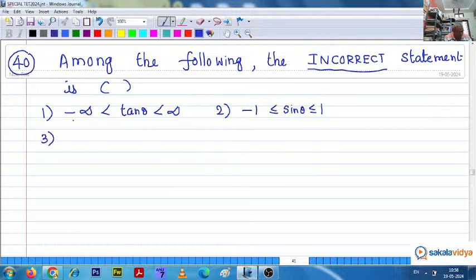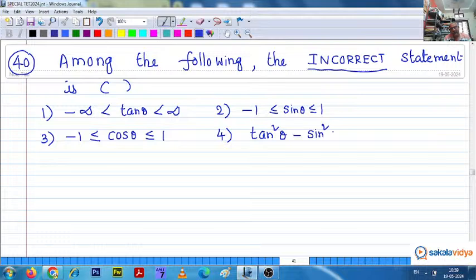Third option, -1 less than or equal to cos theta less than or equal to 1. Fourth option, tan square theta minus sin square theta is equal to 1. Here 0 degrees less than or equal to theta less than 90 degrees. Always it is not true. Only theta may be equal to 0, theta less than 90 only.